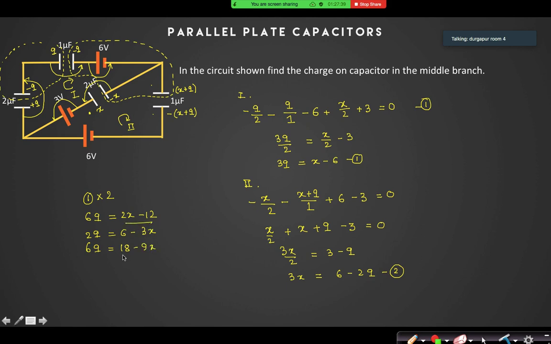I can equate this to 2x minus 12. This is equation 2 into 3. So 2x minus 12 equal to 18 minus 9x. So 11x equal to 30. Yes, good, your answer was correct. x equal to 30 by 11.